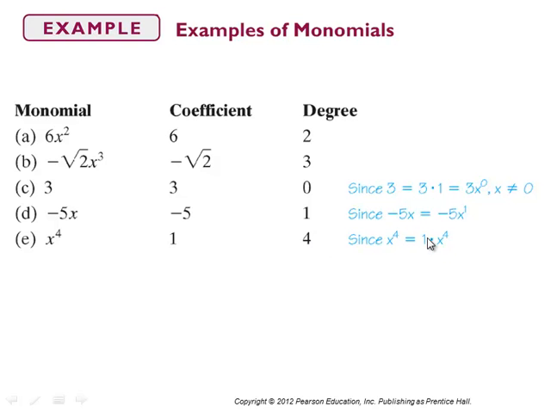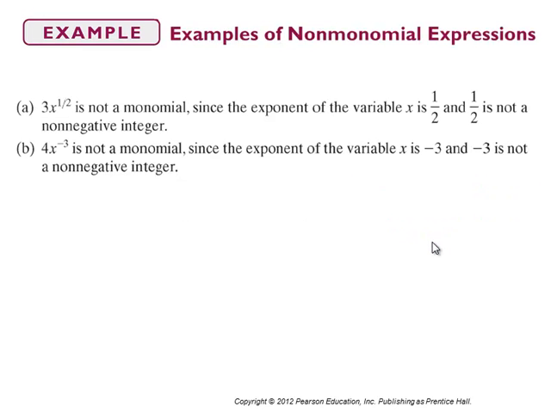You know that the coefficient is 1 because when you don't see a number in front of x, by default that number is 1. It's like a ghost. It's there, but you don't see it, but you could pull it out at any time. And now notice that 3 times x to the 1/2 power is an example of a term that is not a monomial, because this exponent is not an integer.